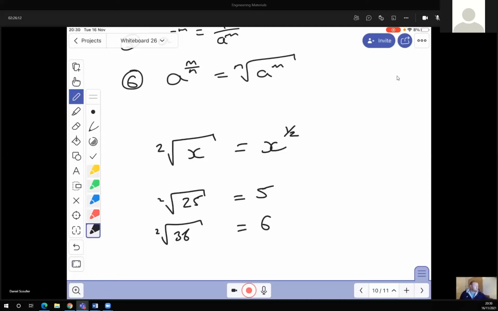Now if you look in your calculator, you can actually see a button for this. Above the root button, when you turn your calculator on, you've got a root button and you can put a number in there and get your root of it. Above that, if you press shift, you might get the cube root.